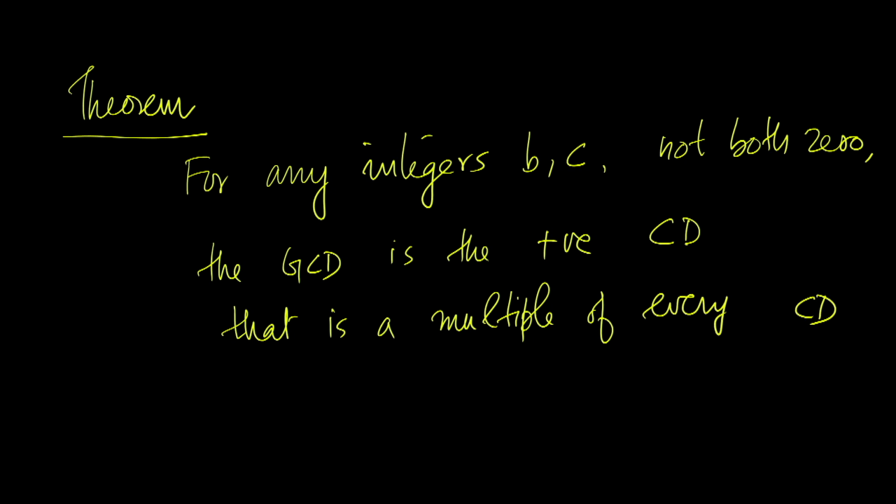For any pair of integers b and c, not both 0, the greatest common divisor happens to be the positive common divisor that is a multiple of every common divisor.